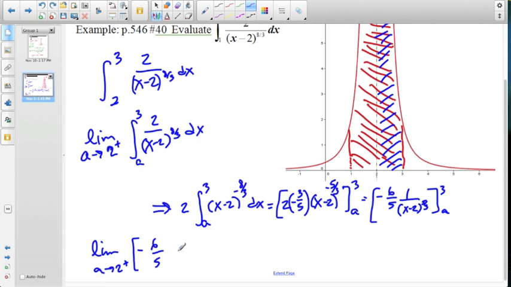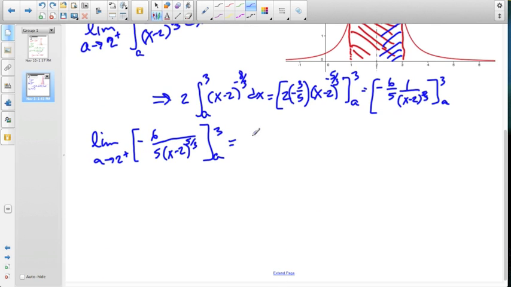As we take that limit as a approaches 2 from the right-hand side of negative 6 over 5 times 1 over x minus 2 to the 5/3, from a to 3, we're looking at negative 6 over 5, 3 minus 2 to the 5/3, and minus a negative 6 over 5, a minus 2 to the 5/3.